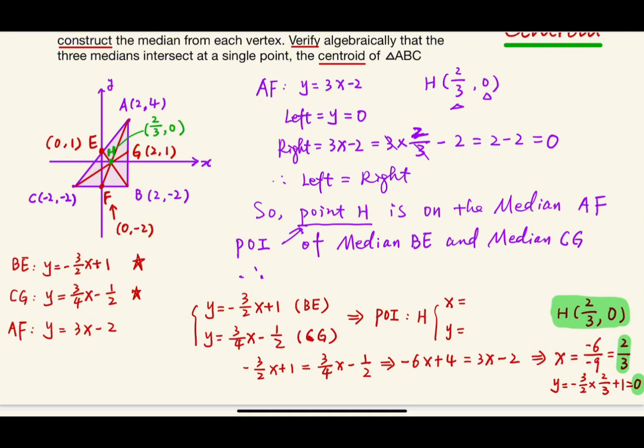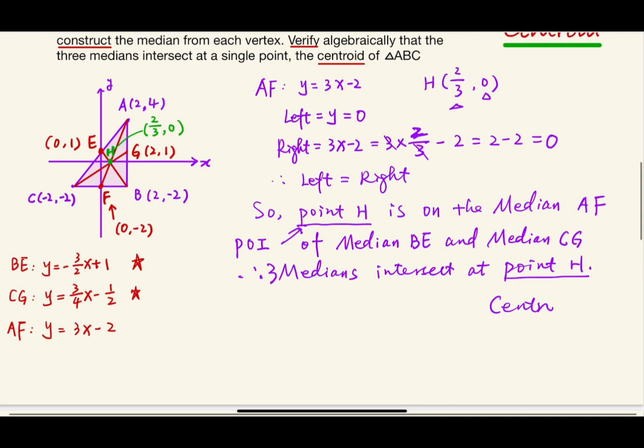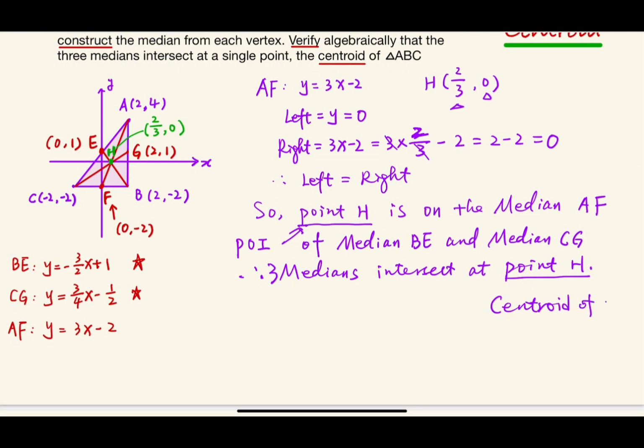So we say the three medians intersect at point H. This point H, we say it is the centroid of the triangle ABC.